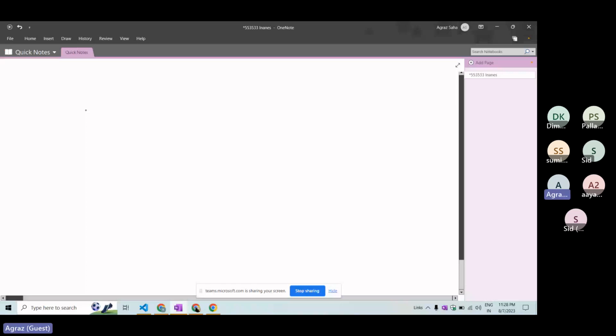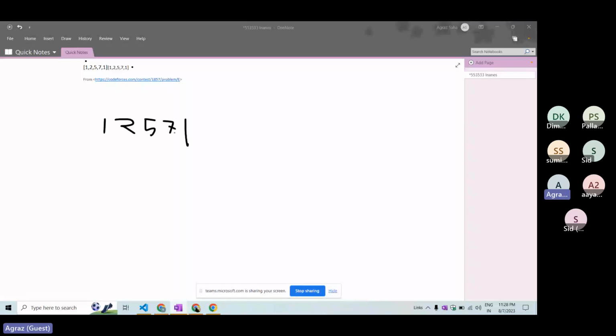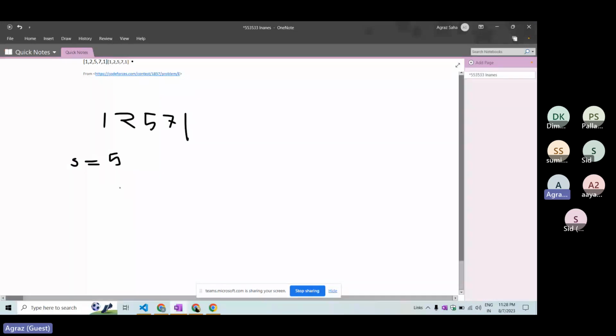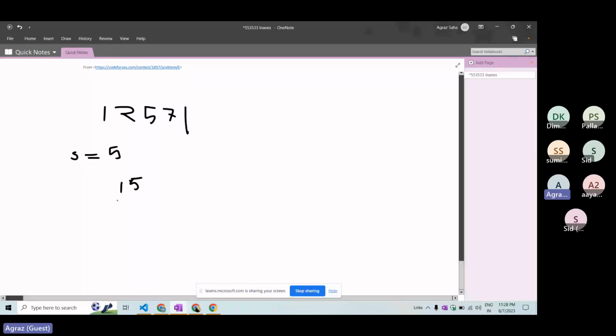Given, for example, that the array is like this, if I have taken s to be 5, what will the segments look like? The first segment will be 1 to 5. The next segment will be 2 to 5. The third segment will be 5 to 5.